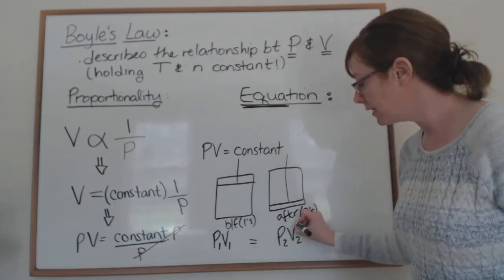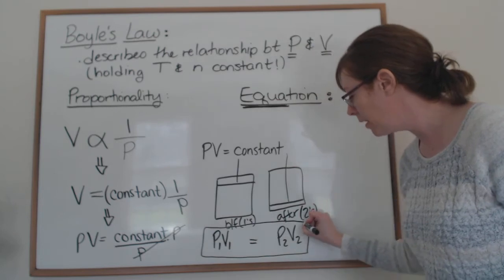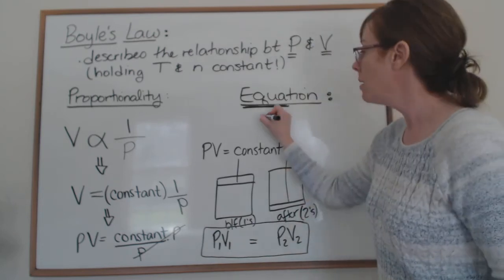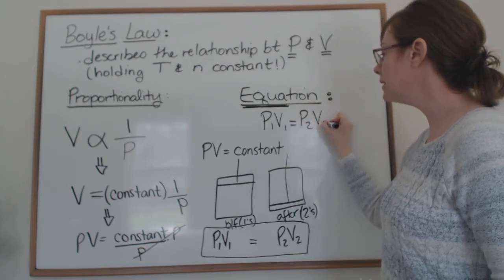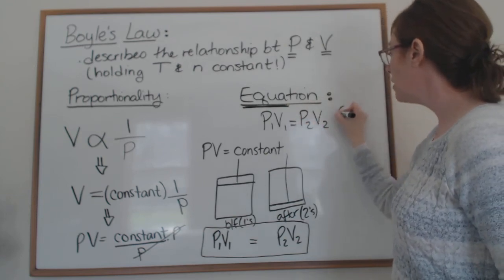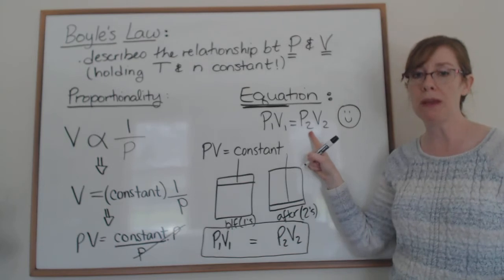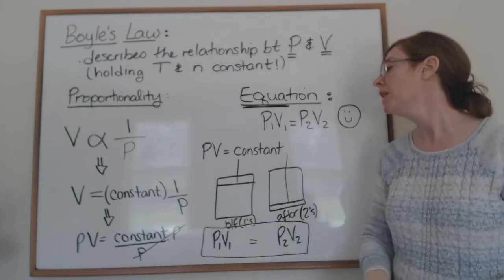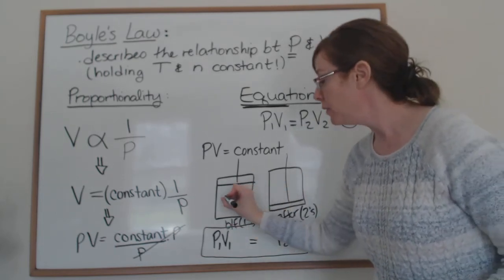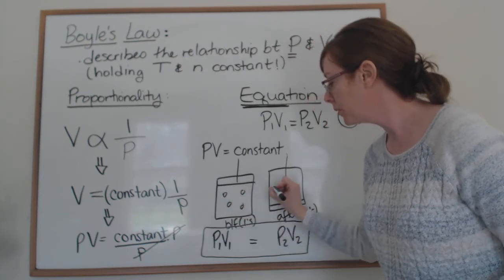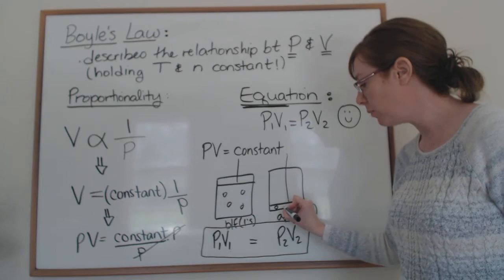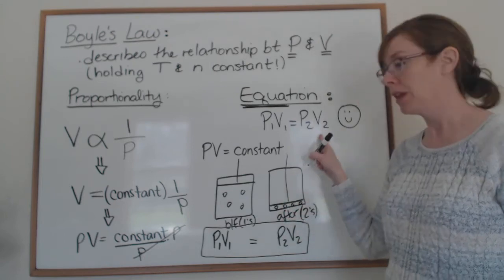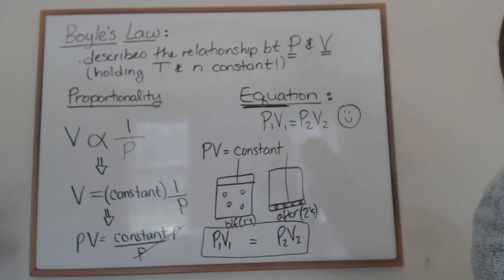And what we've just discovered is the equation form of Boyle's Law. P1V1 equals P2V2. And in fact, this is probably the most famous form of Boyle's Law. P1V1 equals P2V2. So anytime you have a sample, if you change the pressure or the volume, the P1V1 before has to equal the P2V2 after.